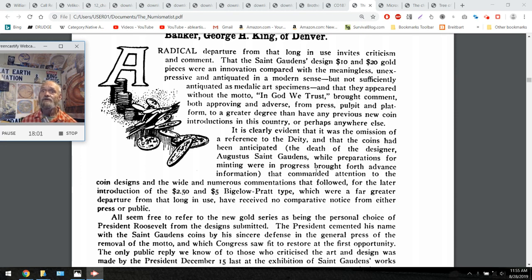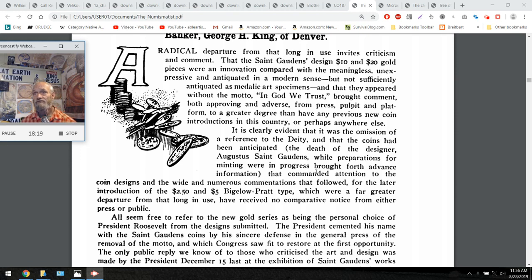The later introduction of the $2.50 and $5 Bigelow Pratt type, which were a far greater departure from that long in use, have received no comparative notice from either public or press.